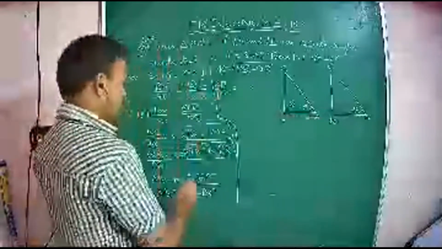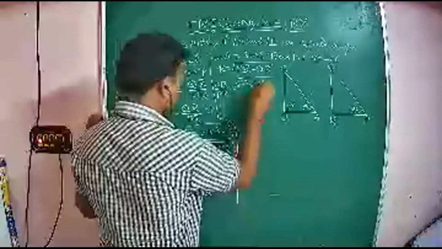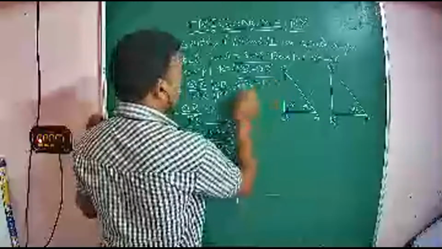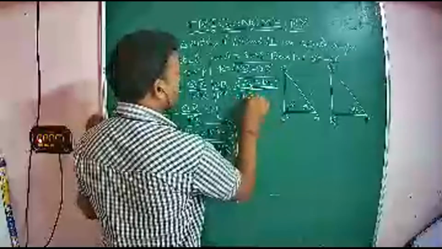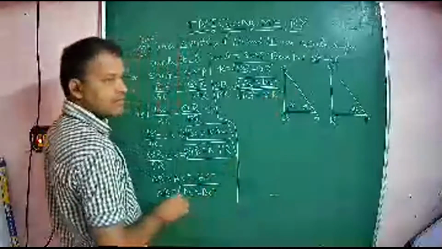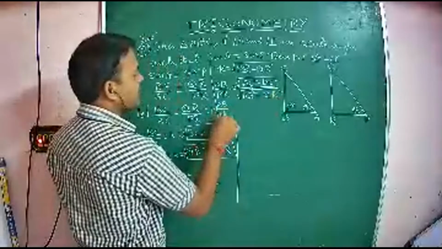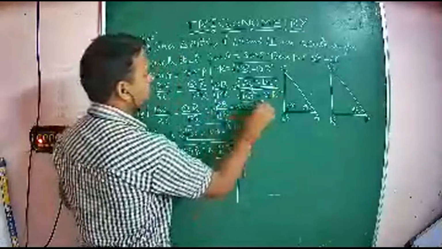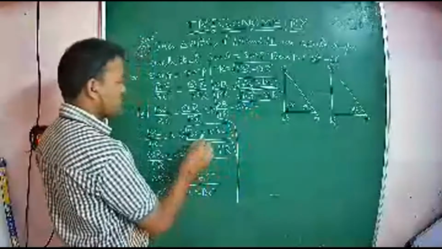Now I'm taking the square root of AC square minus BC square by the square root of PQ square minus QR square. Then AB by PR is equal to the square root of AC square minus the BC value.